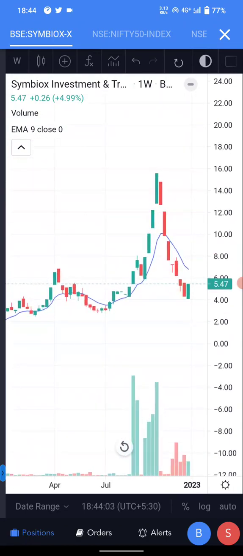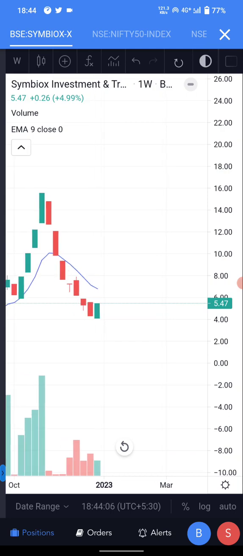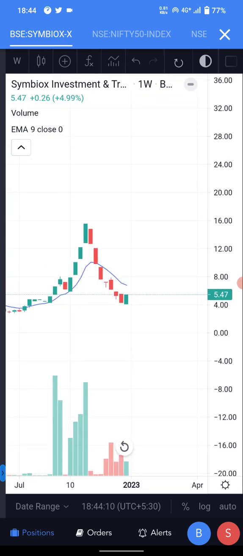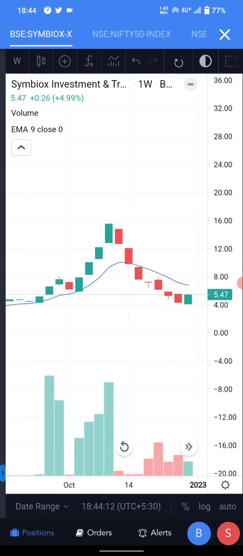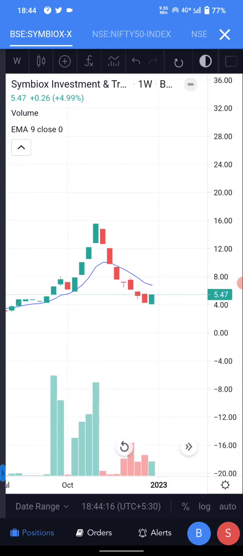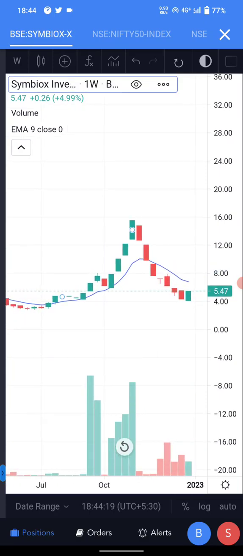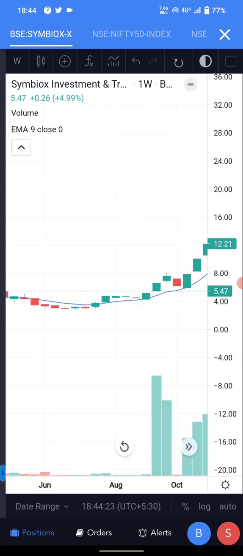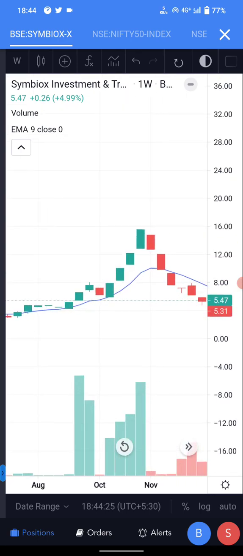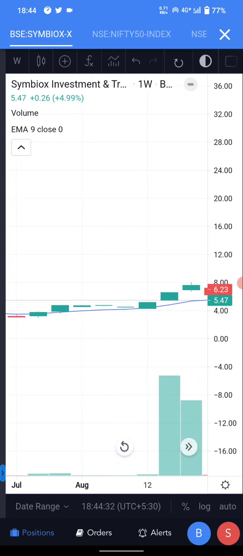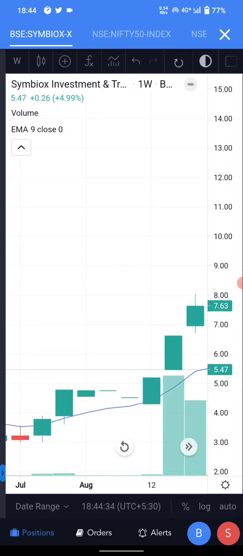Now it is showing on the graph. Yes, this one you can see here, moving average 9 close 0. Let me zoom this one and how it is showing. Based on the strategy of EMA moving average, if you take a buy position over here, you can see this candle, right? And I'm going to give you another tip over here. Let me zoom a little bit.